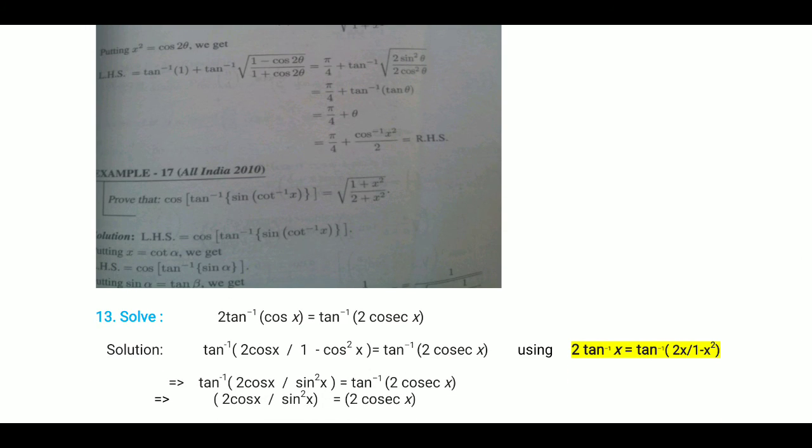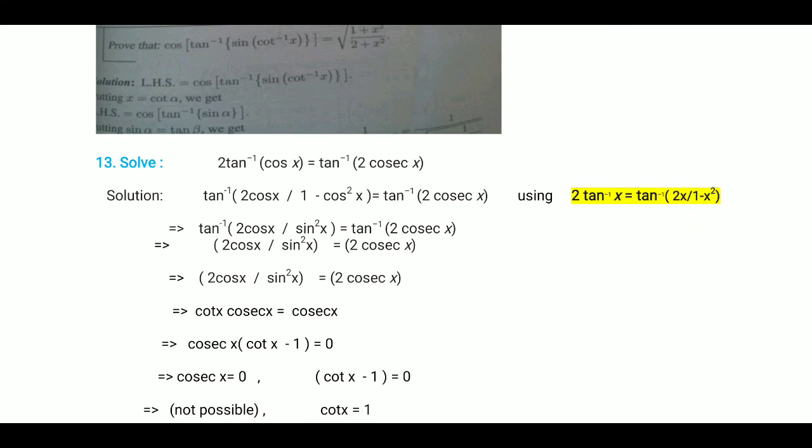As we have considered, x square is cos 2 theta, that means 2 theta is equal to cos inverse x square. So theta will be equal to 1 by 2 cos inverse x square, and this is RHS, right hand side. Thus we can solve the example.